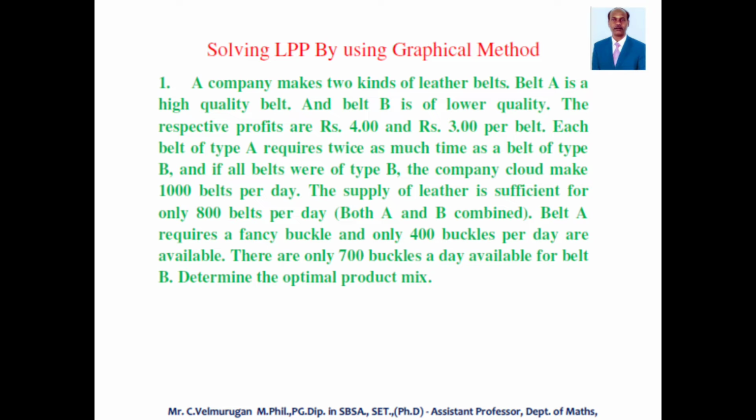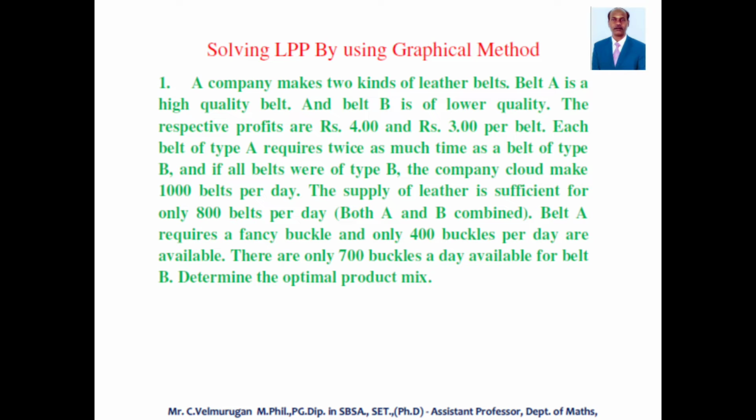In this problem they give the profit, the time requirements, the leather sufficiency, and also the buckle requirements, how many buckles we have. So using this problem we can define which one is our objective function, which one is our constraint, and which one is our non-negative variable.